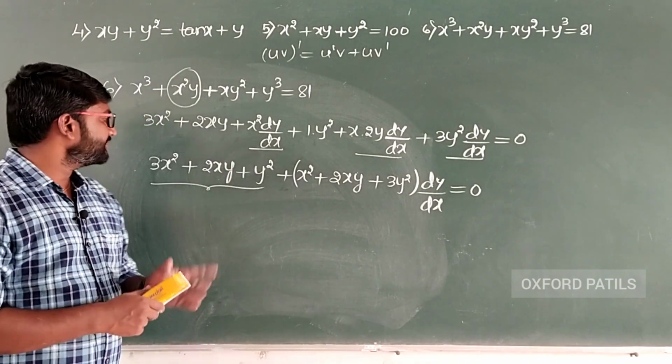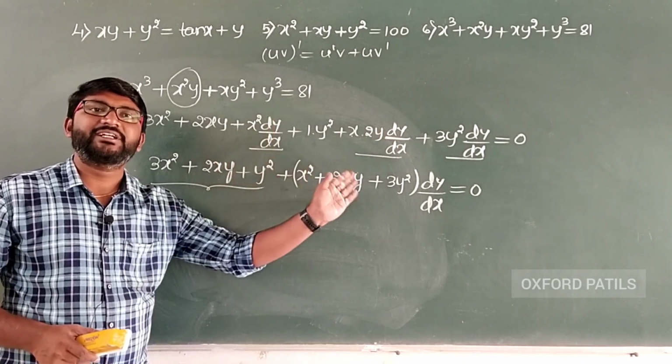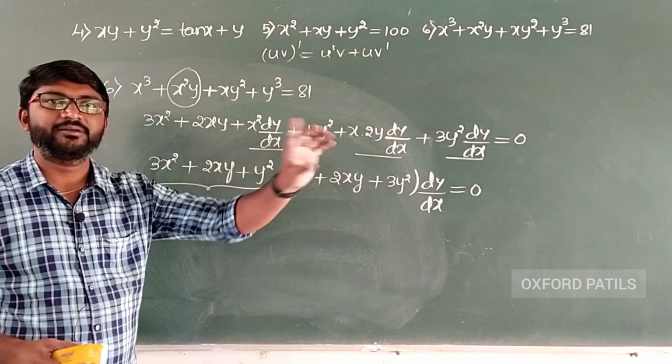That means all these plus signs will be written as minus signs. So I'll be writing minus outside and then write all these three terms in the bracket.